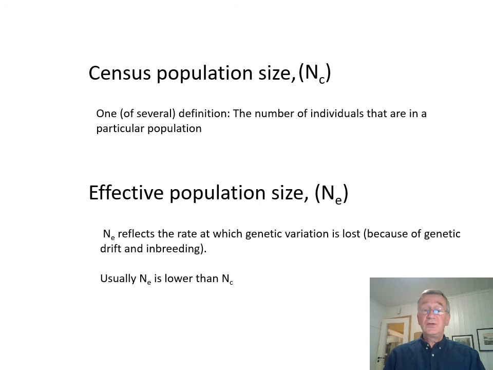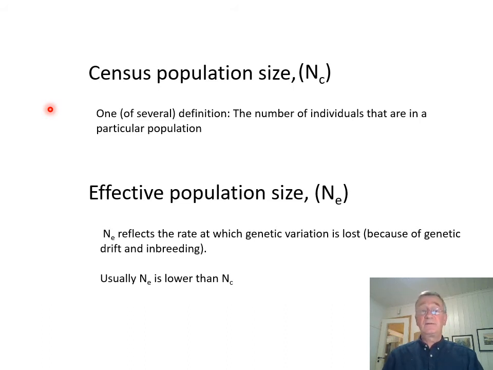Here you see two ways of looking at population size. We are talking about the census population size, NC, and one definition, there are several, but one definition is just the number of individuals that are in a particular population.